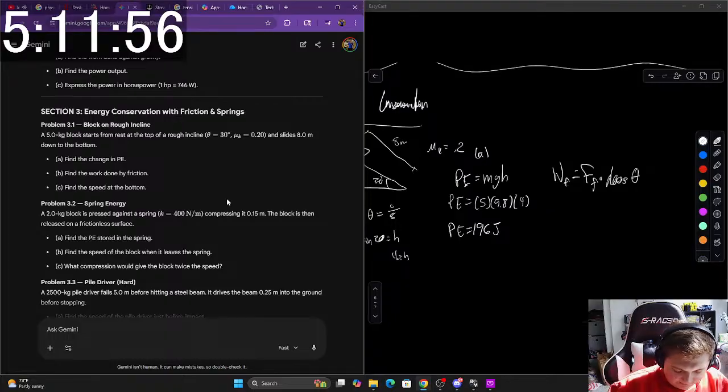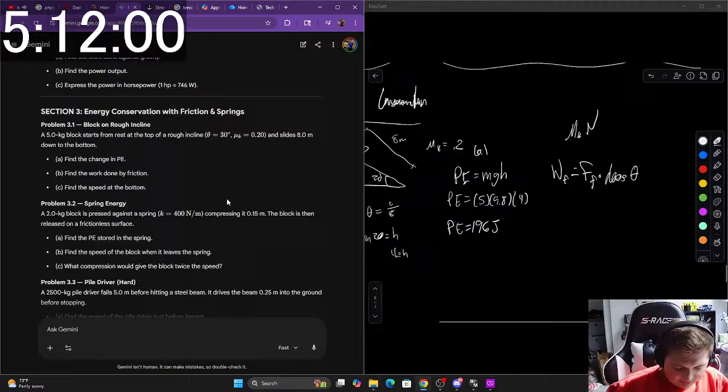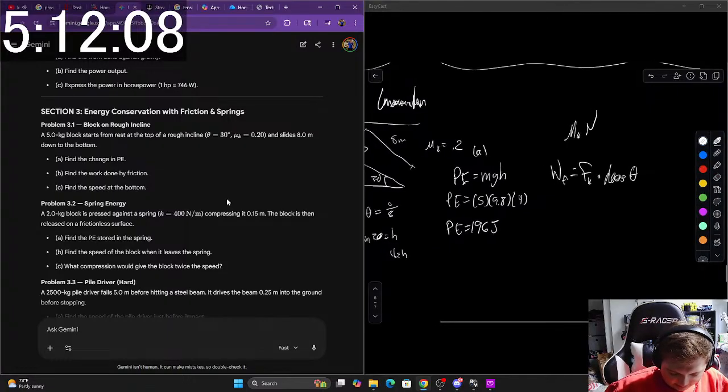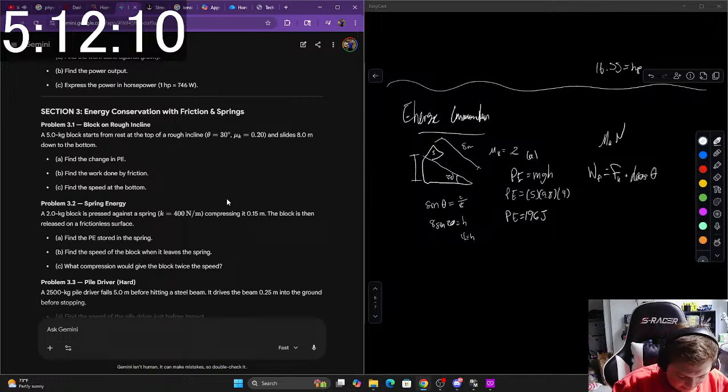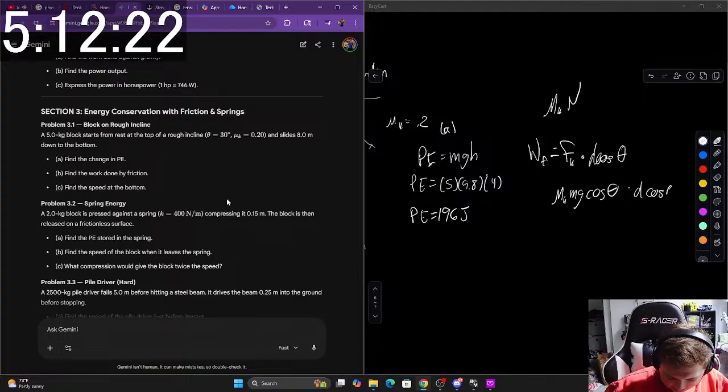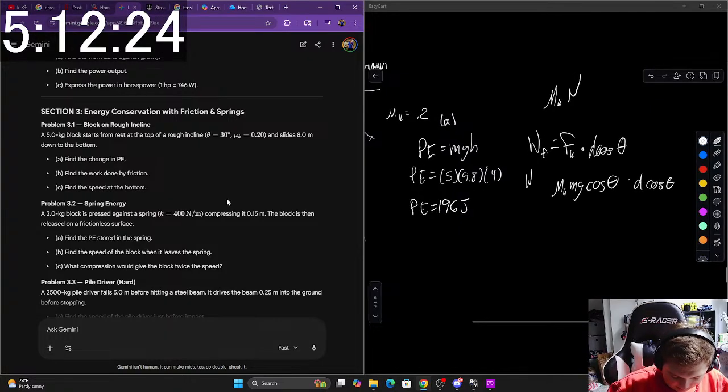Force of friction is just going to be mu k N, because we're doing kinetic friction only here. N is equal to mg cosine theta. Okay, ready? Mu k mg cosine theta times d cosine theta. That's funny. Work done by friction.